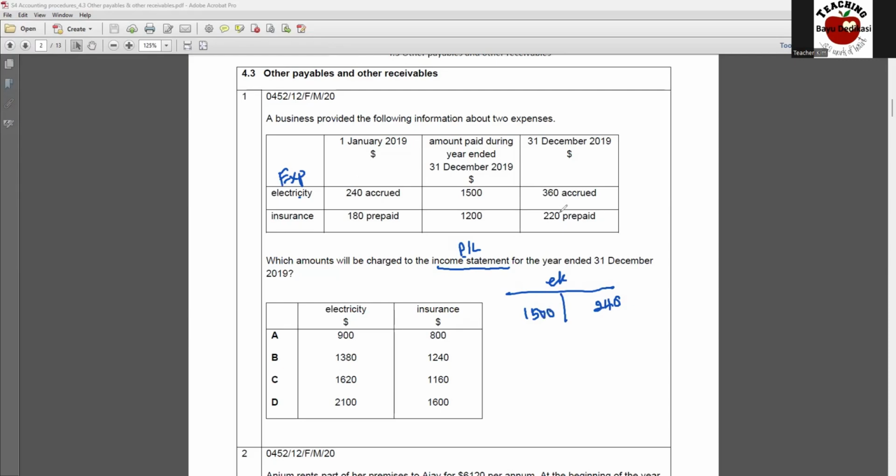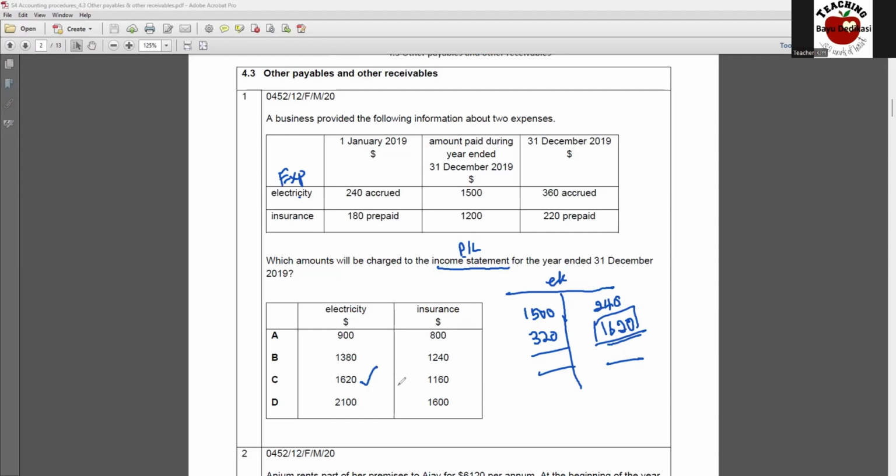Accrued is the liability for the year end. Balance CD in the debit side, 320. Okay, you take the total debit minus the credit, then you will get the income statement amount, which is 1620. So this is the answer.